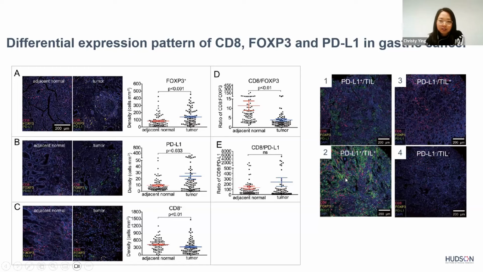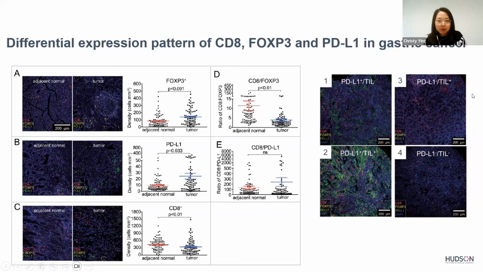We see the second pattern is tissues that have very high expression of PD-L1 and also very abundant tumor infiltrating lymphocytes, especially CD8 and FOXP3.